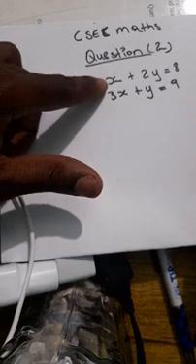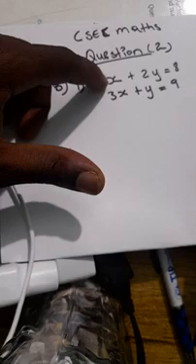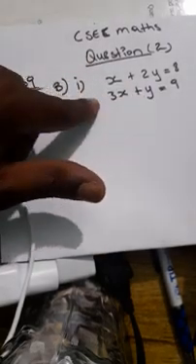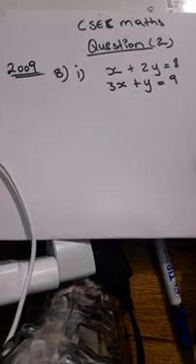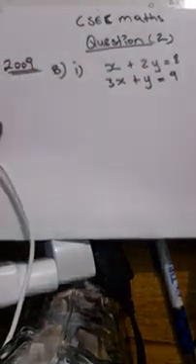Multiply this equation by 3, or multiply this equation by negative 2, so that a coefficient cancels. This is level 2 because the smaller coefficient is able to go into the bigger one: 1 into 2, 1 into 3. So take off this, do it, pause it, and post the answer in the comment.